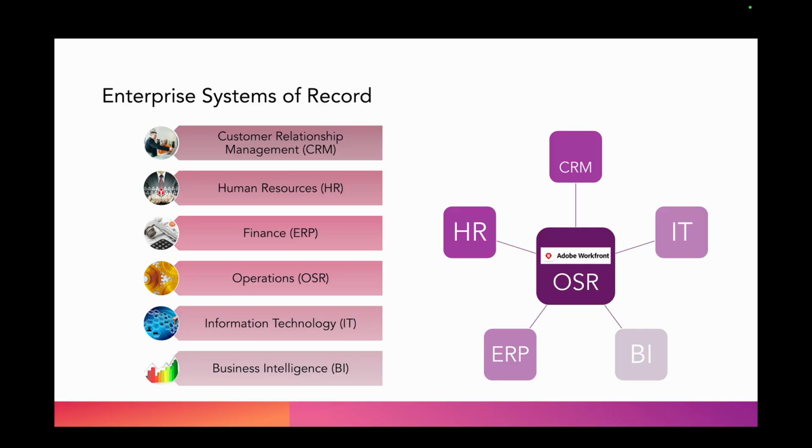First, we're going to take a look at what enterprise systems of record are. On the left-hand side, a lot of these are terms each of you have heard at different times, but maybe have not thought about in this type of paradigm. Each of us is familiar with customer relationship management, something like Salesforce or HubSpot. Those are some of the big names in that space. Human resources: HR people commonly have tools like Workday, Oracle, and NetSuite.